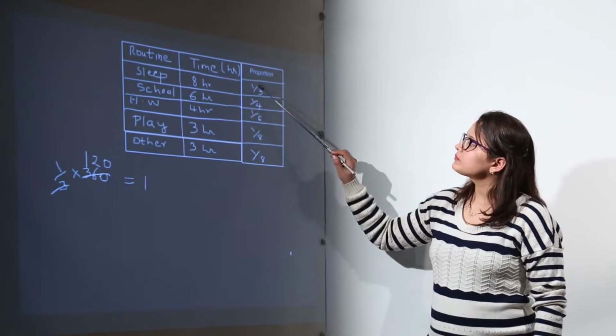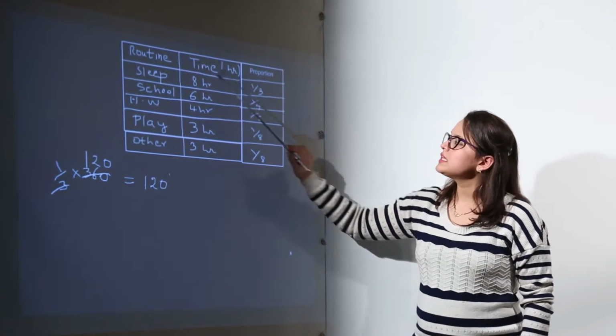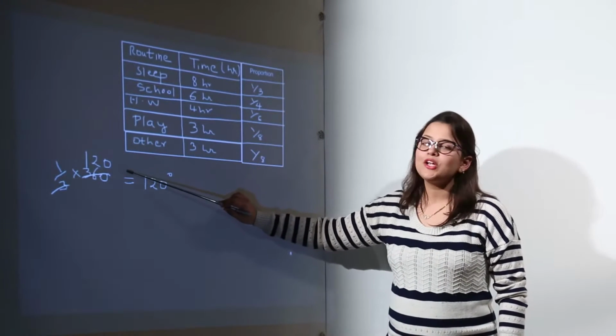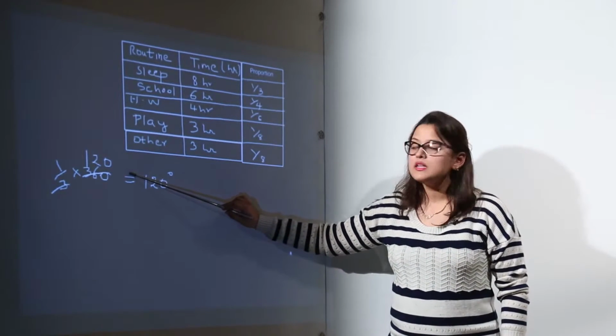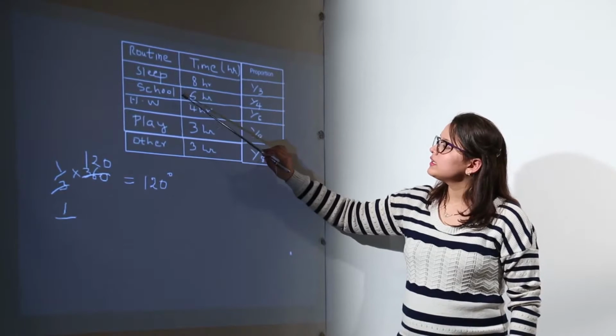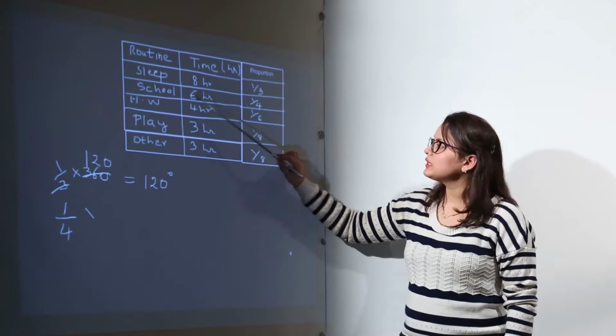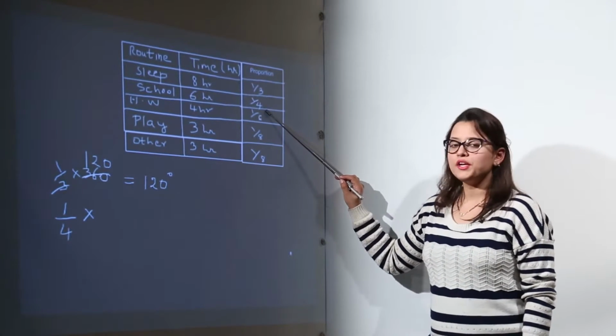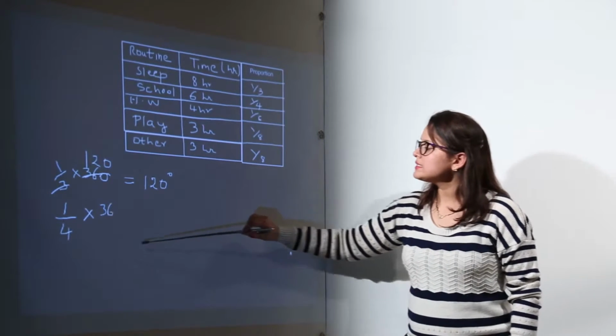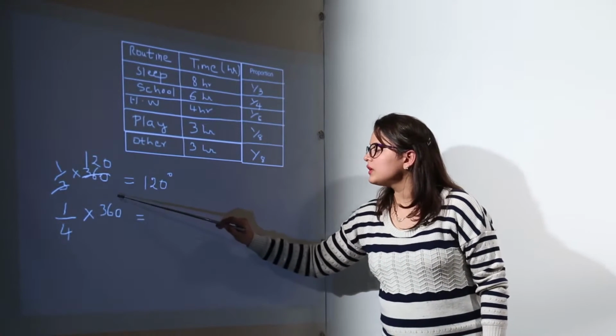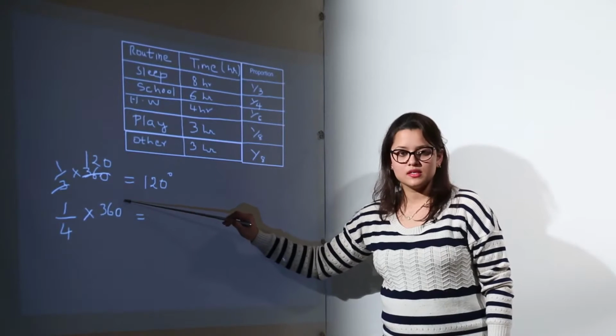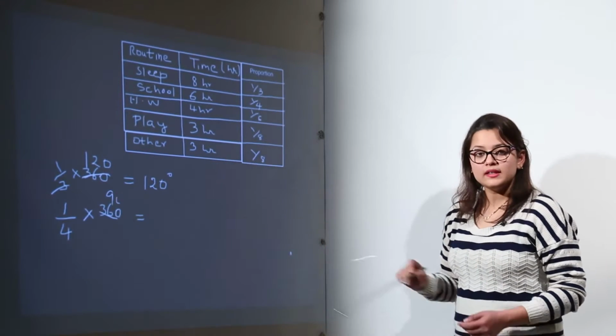That means the proportion of sleeping is represented by 120 degrees on the pie chart. Similarly, we will calculate the degrees for school, that would be 1 by 4 into 360. Now you cancel this out, 4 9s are 36 and 0, that would give you 90 degrees.